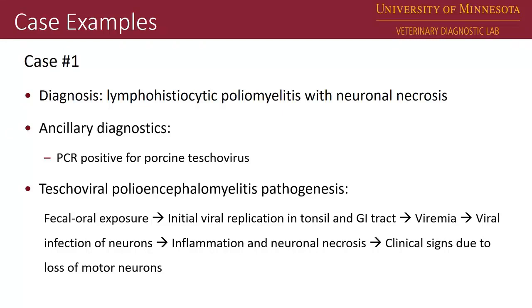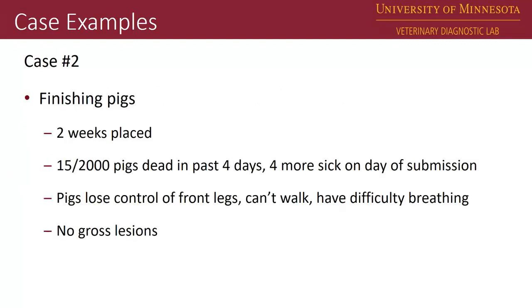There are certain neurons that are predisposed to infection, and those include the motor neurons in the ventral gray horns that I showed you on the image there. Once the virus gets in, you get inflammation and neuronal necrosis, and that's what causes your clinical signs, because the pig has lost the wiring to tell its legs what to do. And so we kind of have the answer for why it does that.